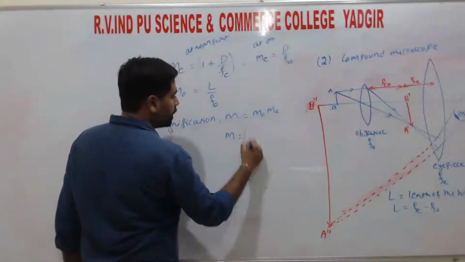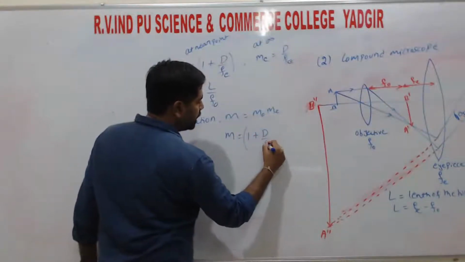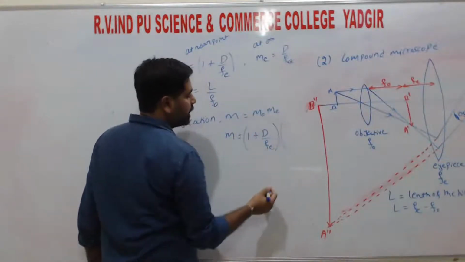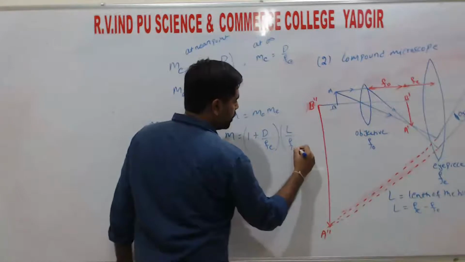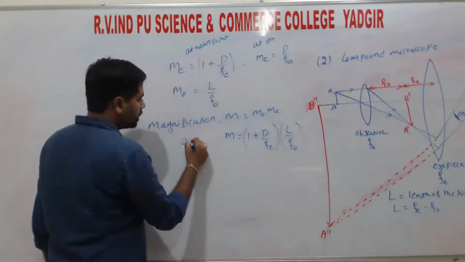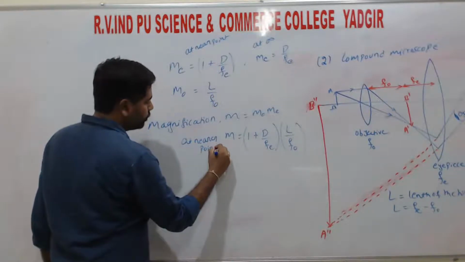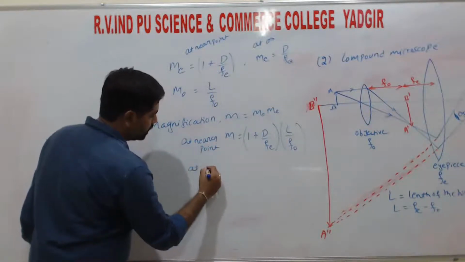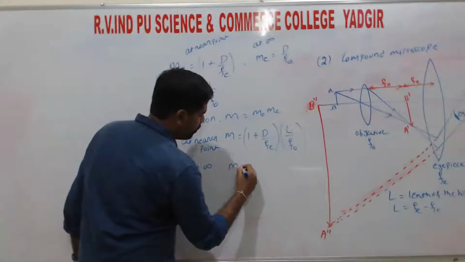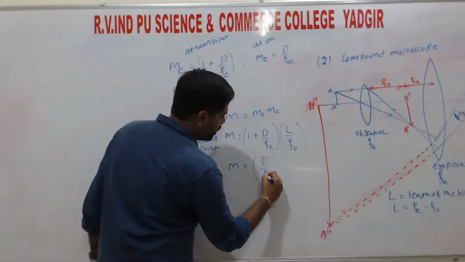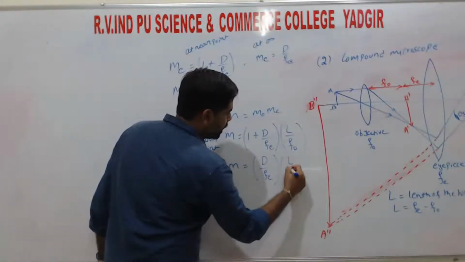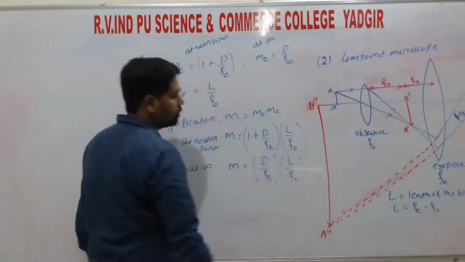So at the near point, M is equals to 1 plus D divided by FE into L by FO. So this is at the near point, and at infinity we have M is equals to D divided by FE into L divided by FO, right?